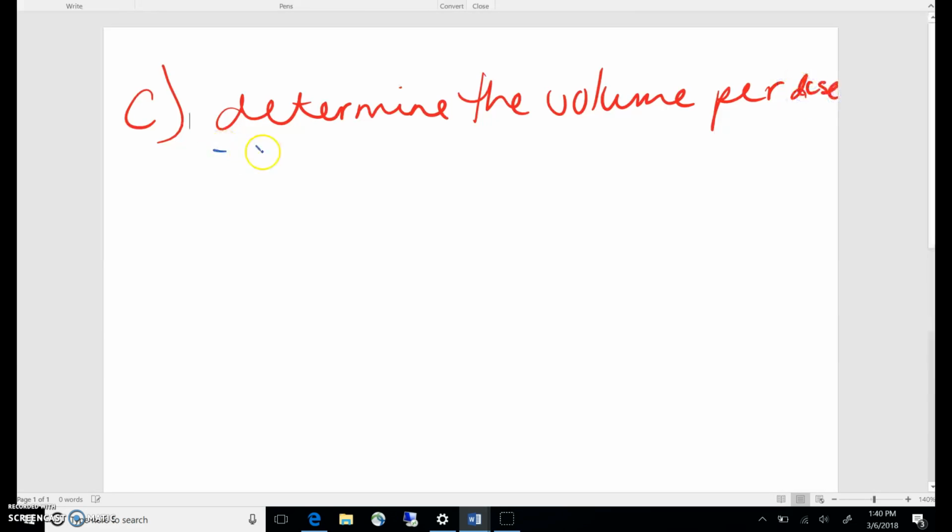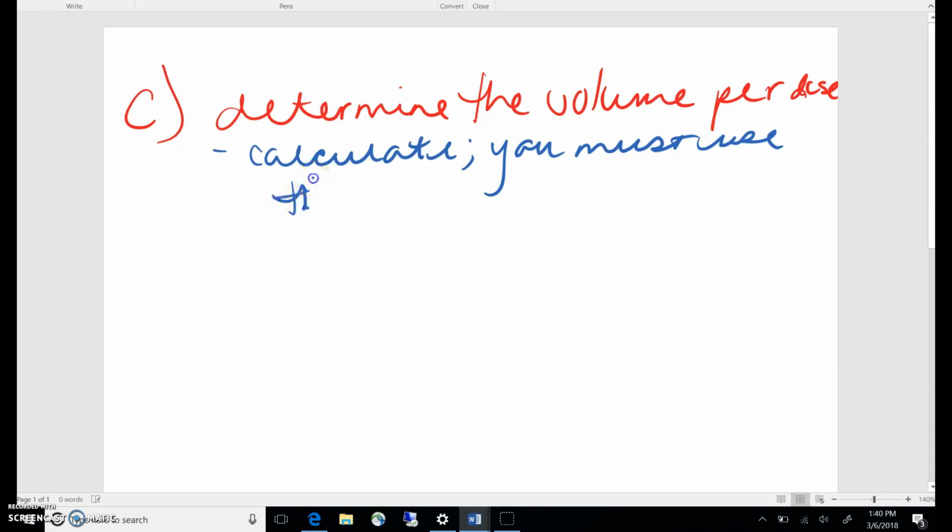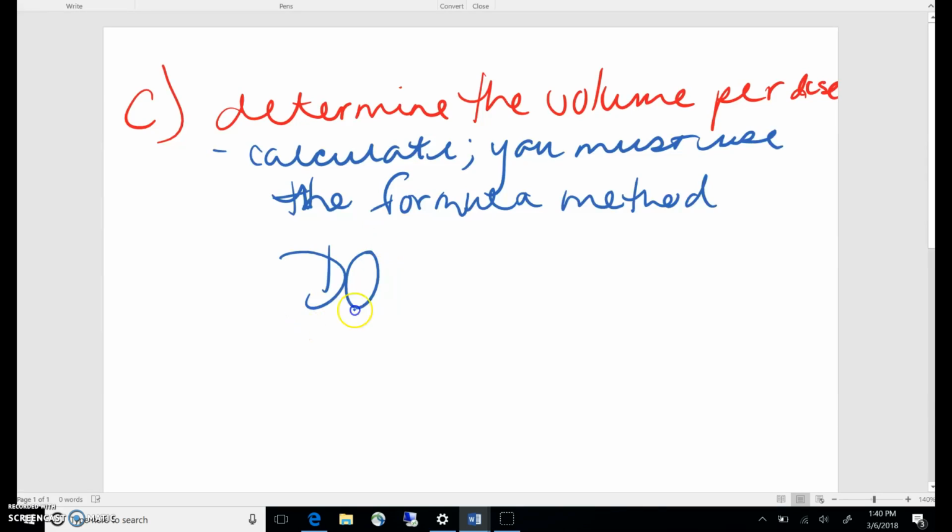In order to calculate that, you must use the formula method, where you take dose ordered over dose available times the quantity.